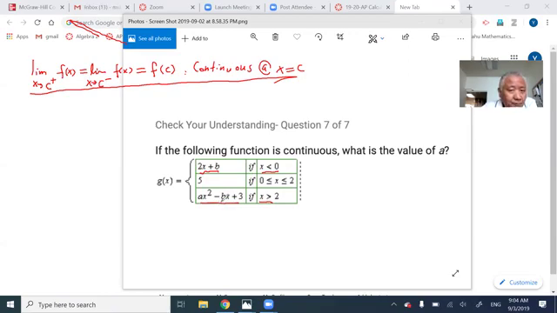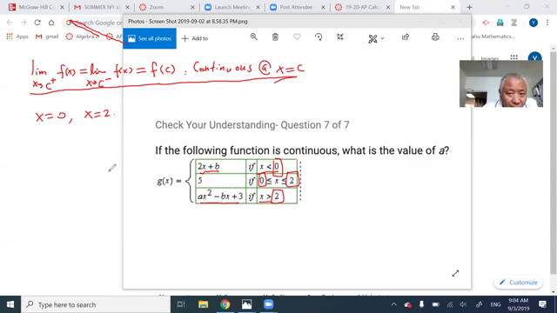The only place we have to check is x equals 0, since this is a piecewise function and the functions change there, and also x equals 2. We just need to make sure the function is continuous at x equals 0 and x equals 2.